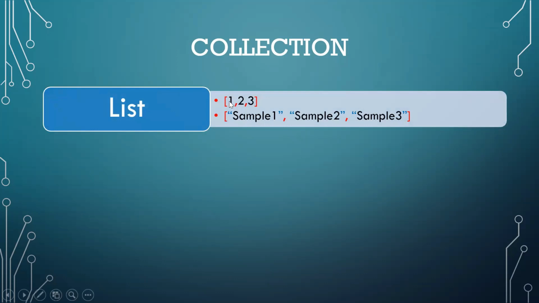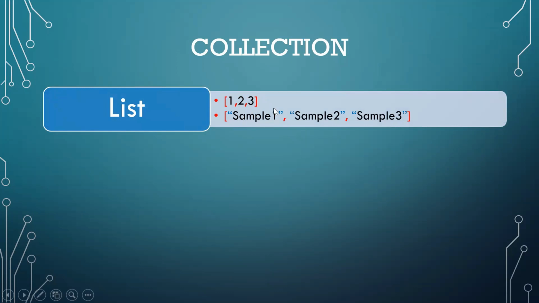As you can see here, the red is associated with the list. So the list is written like this. It uses the square brackets, okay? And here 1, 2, and 3 are called index. This is the first index, this is the second, this is the third.